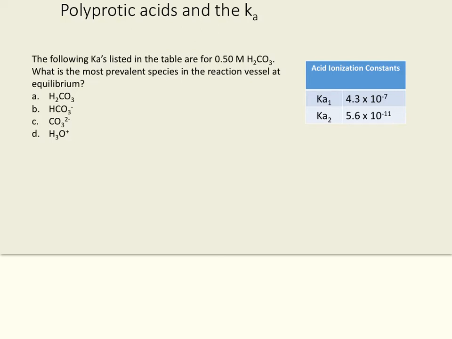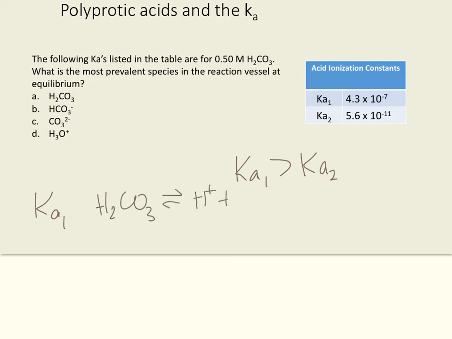All right, so our Ka1 is much, much bigger. And that's usually the case. The first Ka is usually much bigger than Ka2. And the first Ka is H2CO3 goes to hydrogen ion plus HCO3 minus, bicarbonate.